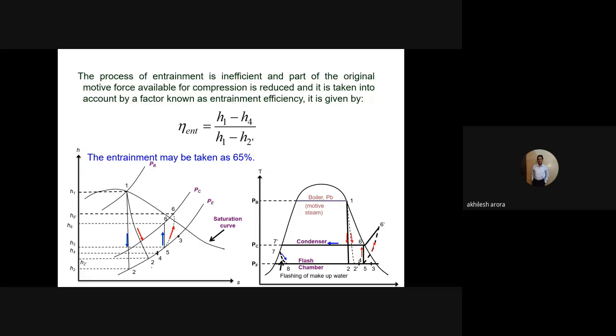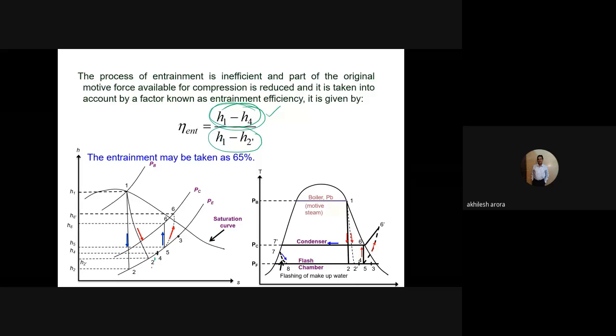Now, in actual practice, the energy available for entrainment is h1 minus h4. But at the exit of the nozzle, the energy actually available was h1 minus h2 dash. Because the steam moves, the energy available for entrainment is h1 minus h4 only.